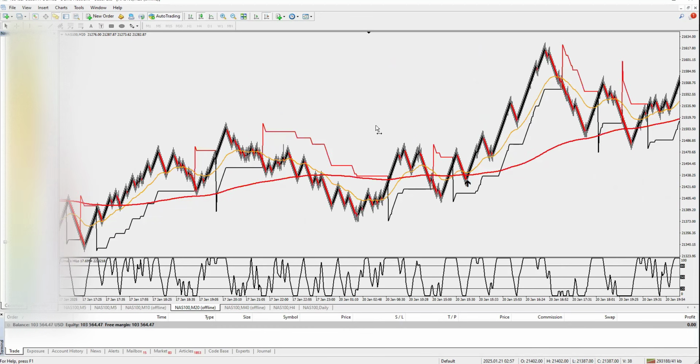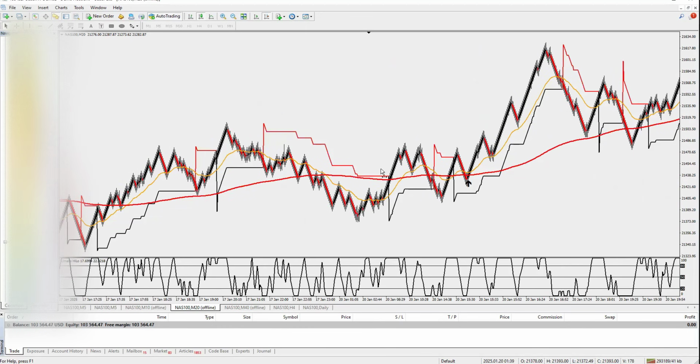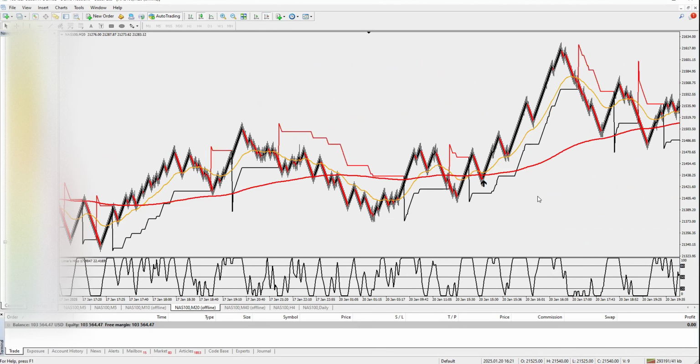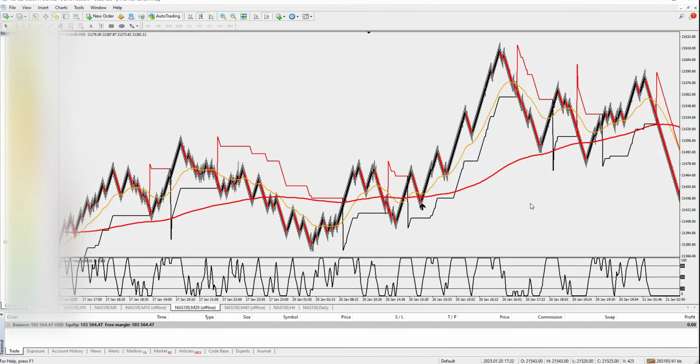Let's start on the 20 again. Same exact rules. It's just that price has to also be bouncing from the red. That's it. Same rules as the other system, but it has to be bouncing from both the yellow and the red. So that's a very, very strong confirmation. One is bouncing from both the lines.